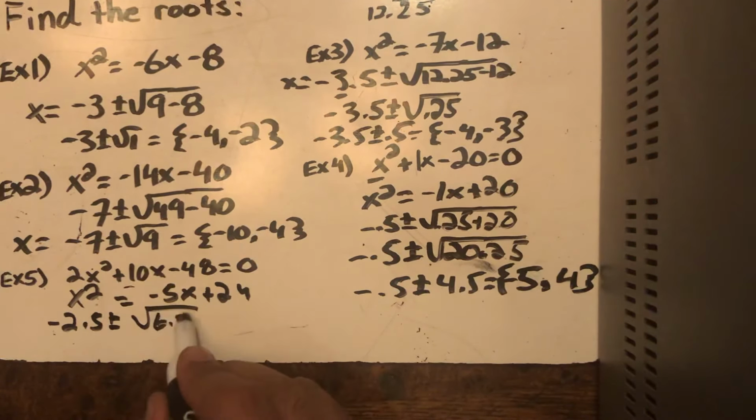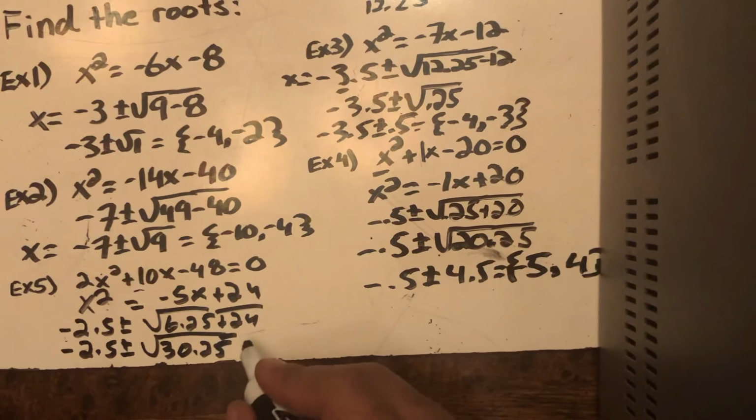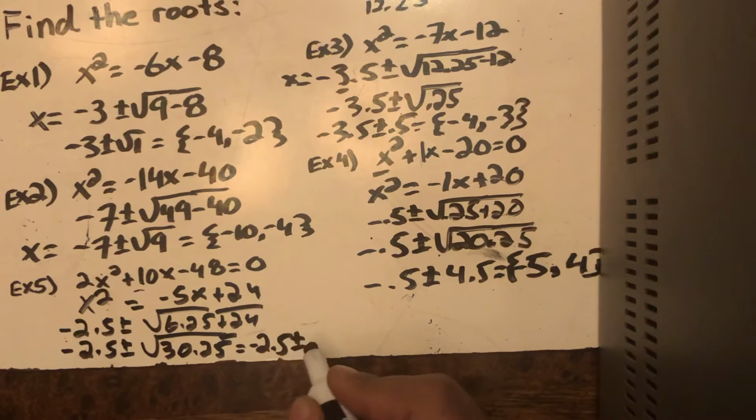So negative 2.5 plus or minus the square root of 30.25. And that's just going to be 5 times 6 is 30, so I know it's 5.5 squared. 5.5 squared is 30.25, so I get negative 2.5 plus or minus 5.5.